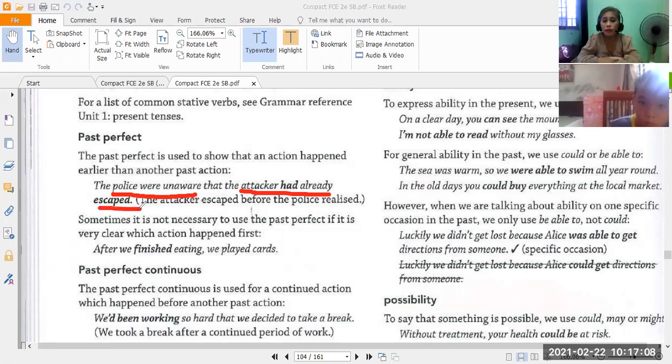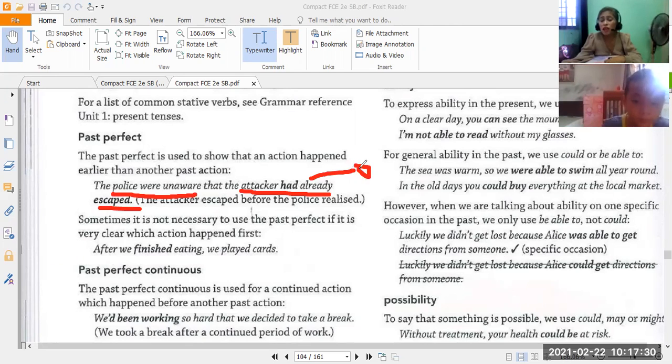Okay, do you understand? The police were unaware, that's the first action, that the attacker had already escaped. Okay, another action. So first, there is this action that happened earlier. This is the first action.